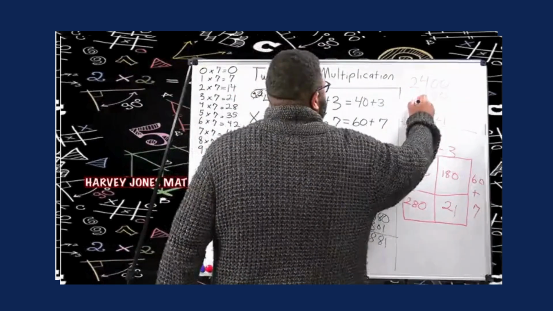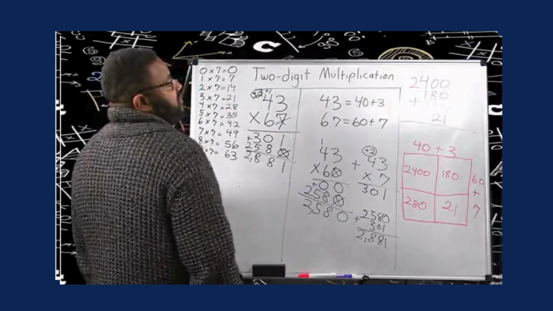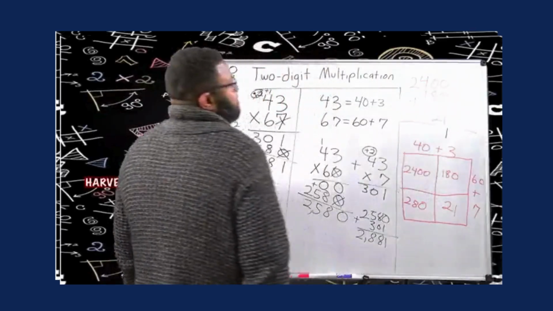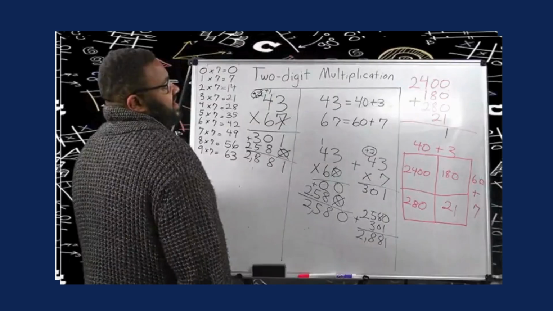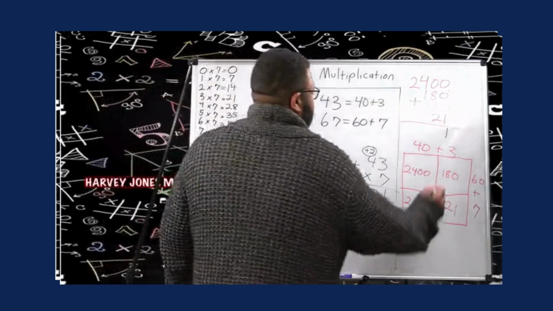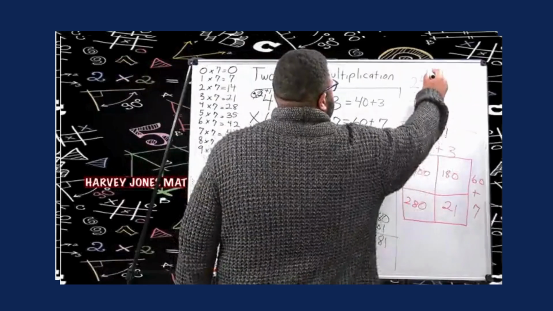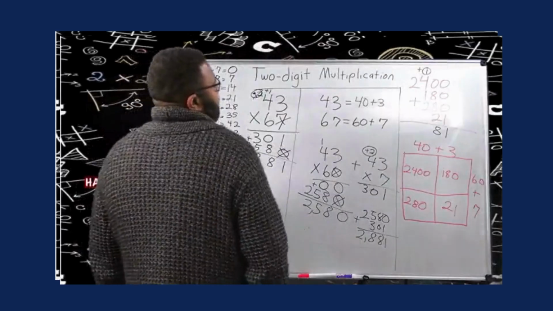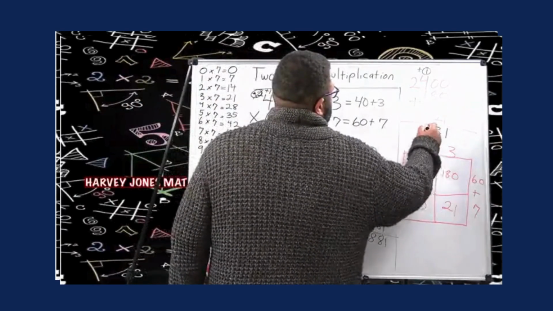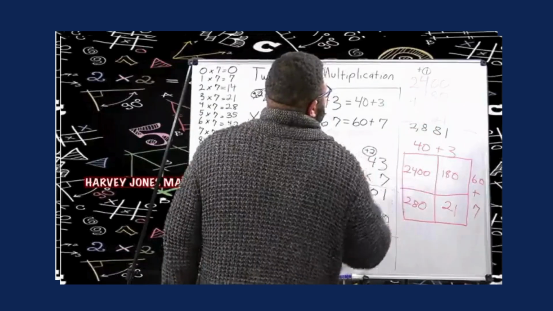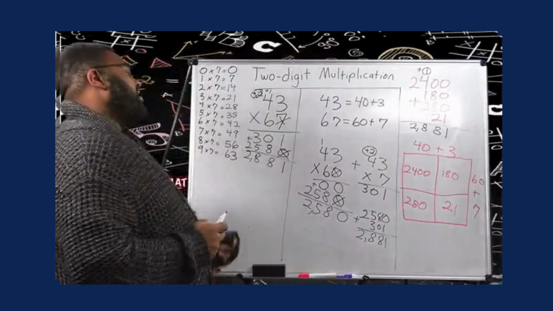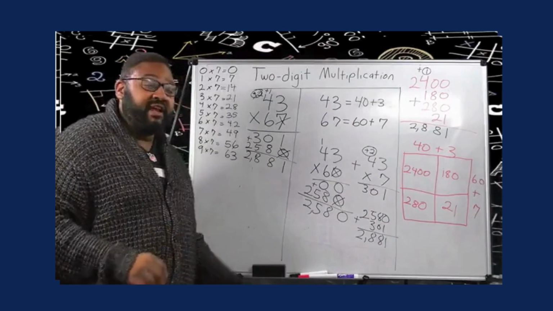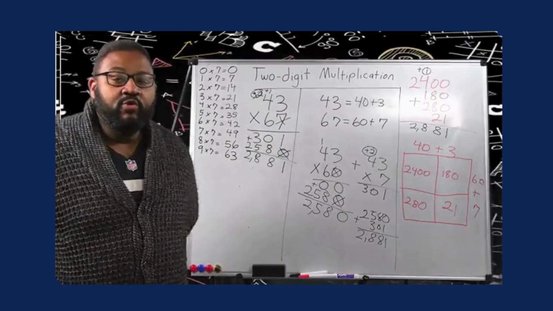We're adding these numbers together. 0 plus 0 plus 0 is 0, plus 1 is 1. 0 plus 0 plus 0 plus 1 is 1. I got 16, 17, 18. Carry my 1 up here. That's 4, 5, 6, 7, 8. Ooh, there we go. 2,881. Whoop, there it is. Whoop, there it is, folks.